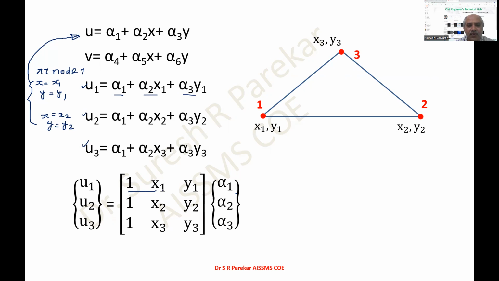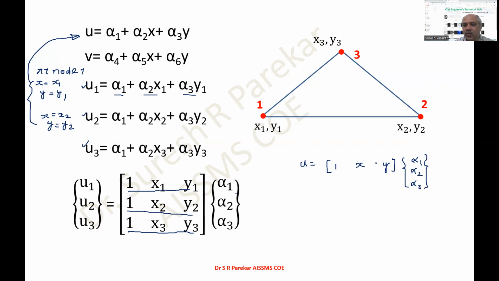This will be for u1, this for u2, and this for u3. So likewise we get this in matrix form. Now if you see the basic equation, we have 1, x and y, and then here alpha 1, alpha 2, alpha 3.